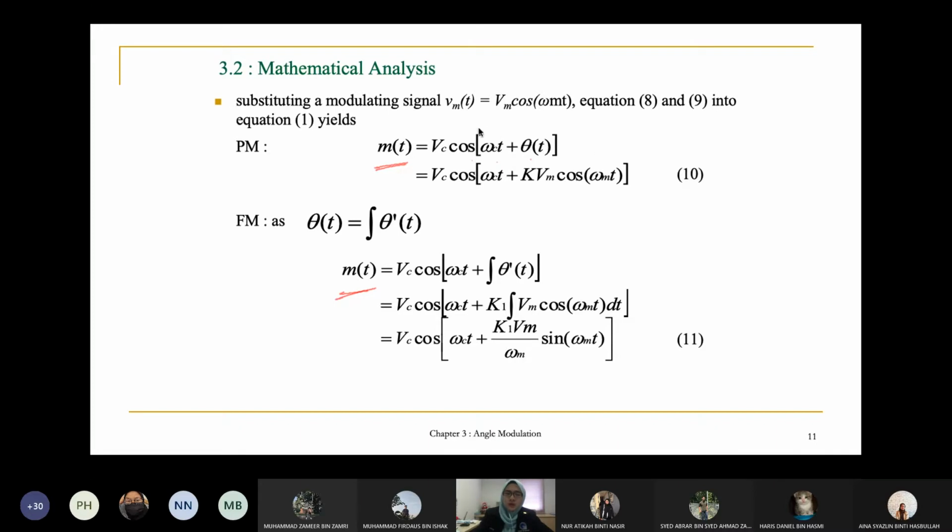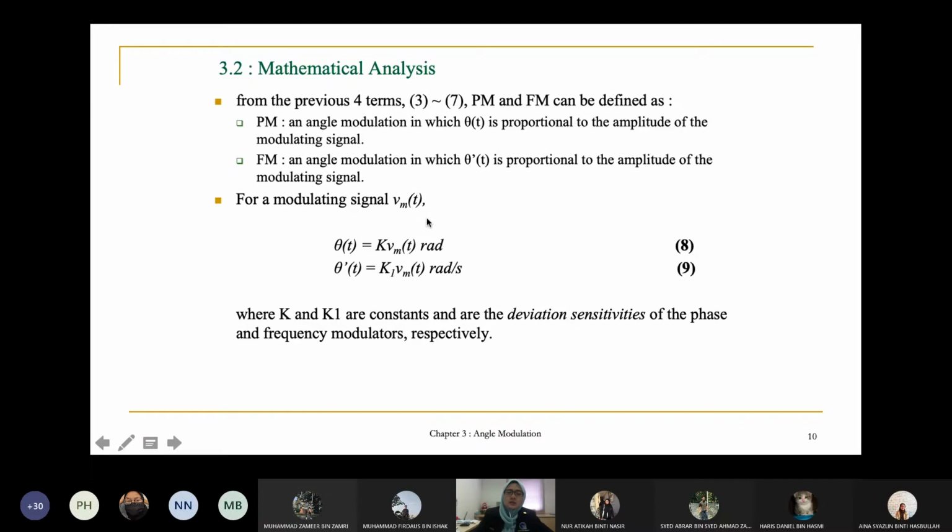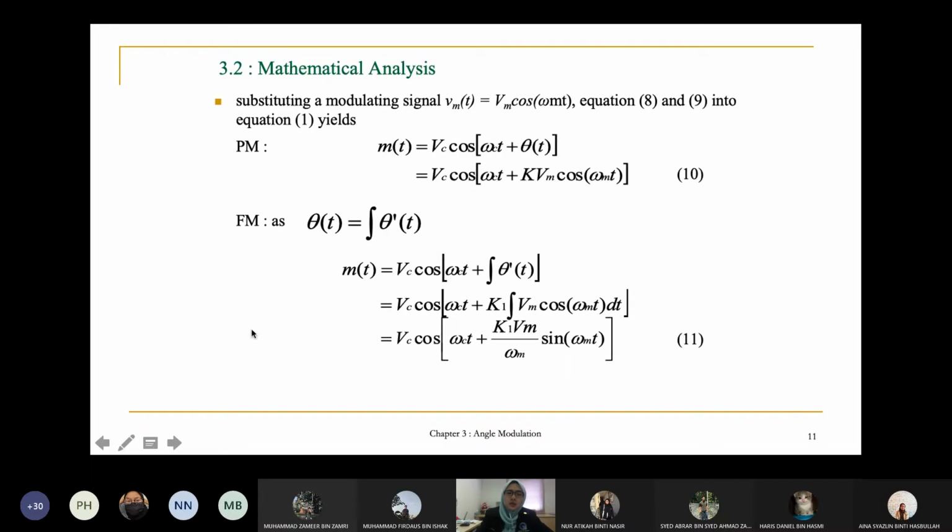From the previous equation, you know that θ(t) is equal to k·vm(t), so you have k·Vm cos ωmt, because vm(t) is equal to Vm cos ωmt. So equation 10 here is the modulated signal for phase modulation. You need to remember this equation 10.